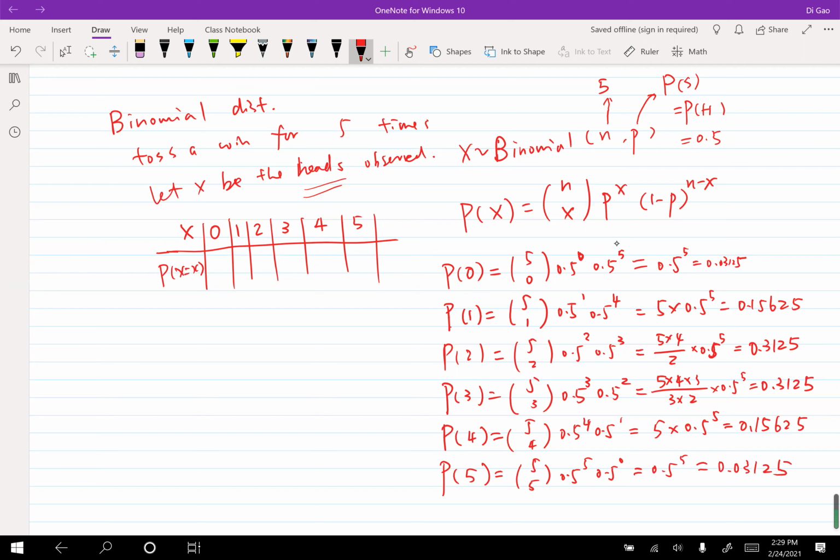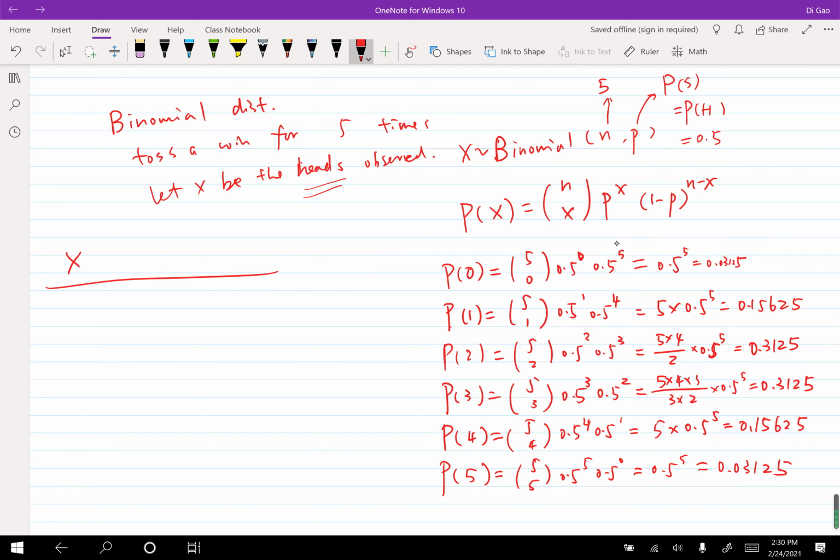So using the same formula, we got all the probabilities calculated, and then we can fill them into this discrete distribution setup. When x takes the value 0, the probability is 0.03.